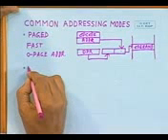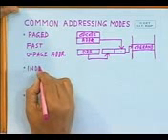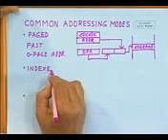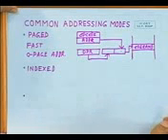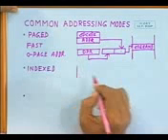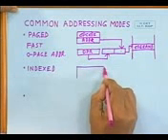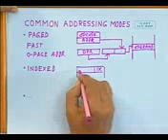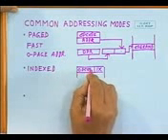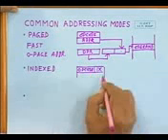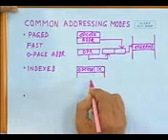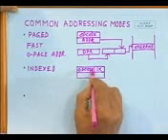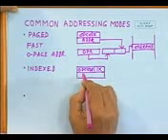Then comes the indexed addressing. In indexed addressing, you use a special register known as index register. Here is your opcode, and here is your index register, which holds some offset value, and the instruction is also provided with some base address.